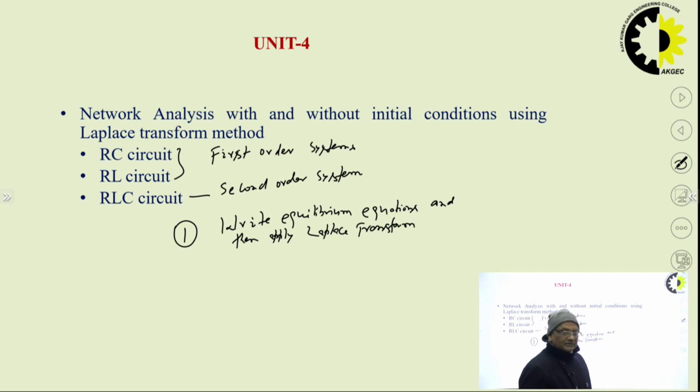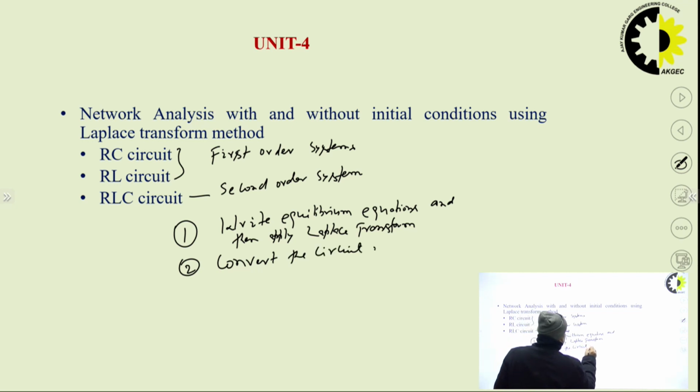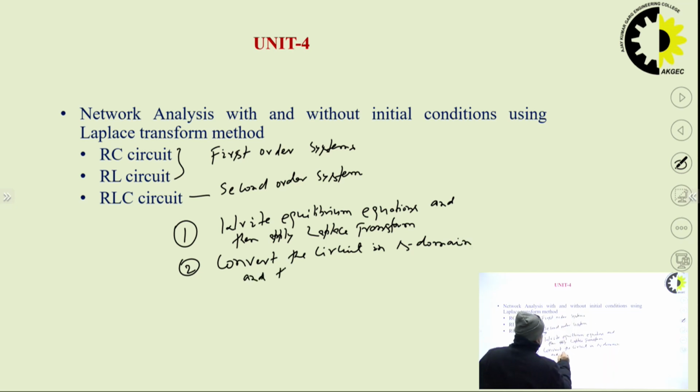So write the equilibrium equations based upon certain laws, whether we apply Kirchhoff's voltage law or Kirchhoff's current law, and then apply the Laplace transform. And the second one is to convert the circuit in S domain and then write the equilibrium equations.